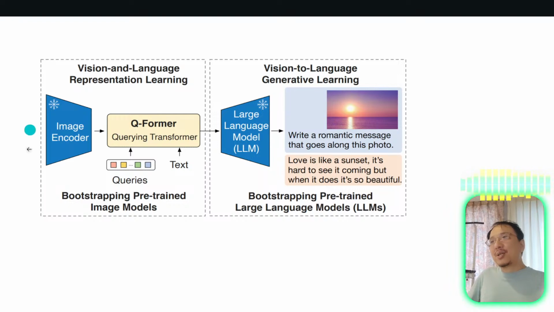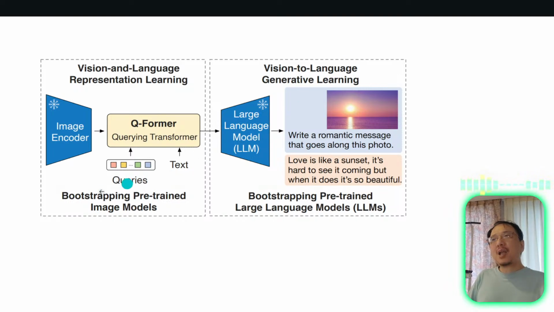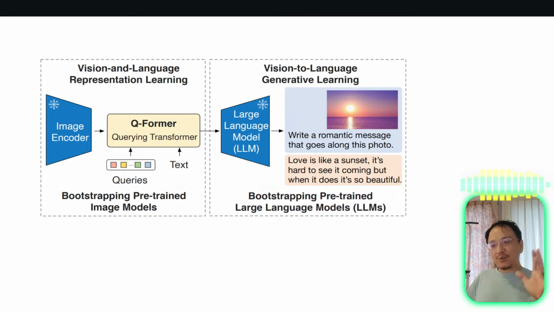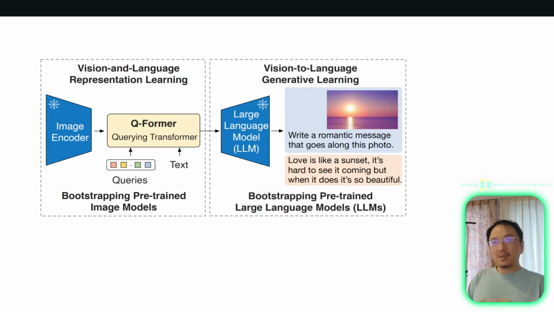It has a frozen image encoder and a frozen large language model. When we have an image encoder and a large language model, there are a lot of such models that already exist, and they have used a lot of GPUs to train them.